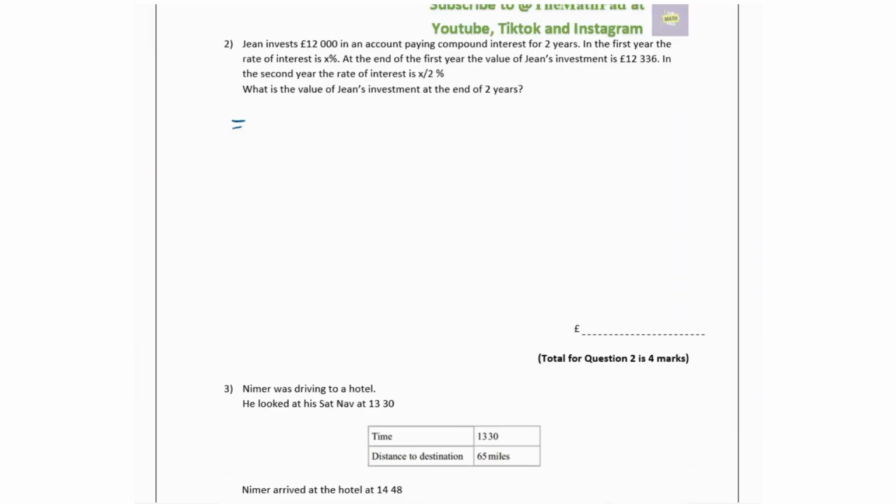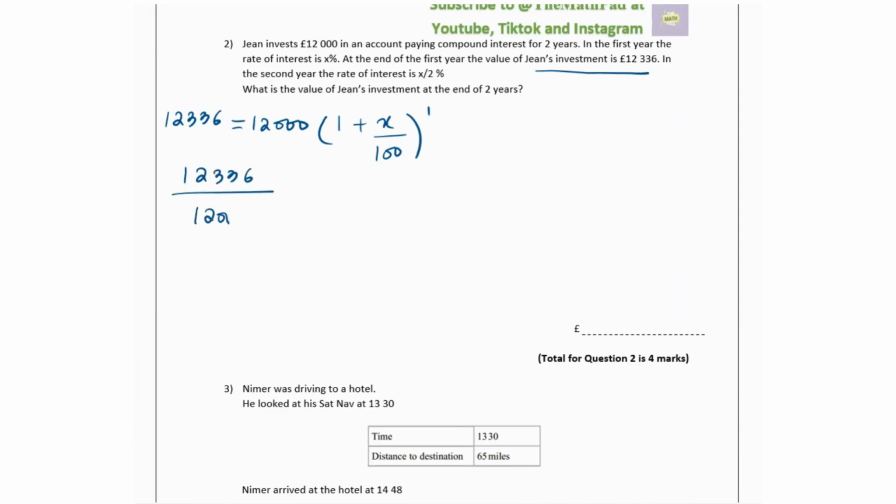If she's investing 12,000 for the first year, that's 12,000 times 1 plus X over 100 to the power 1. This gives us an investment of 12,336. So we can use this equation to find the value of x. First, we divide 12,336 by 12,000.